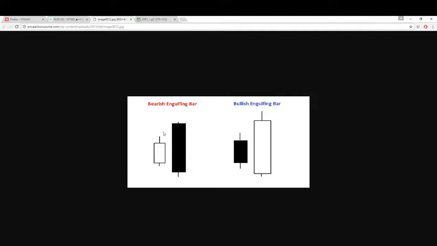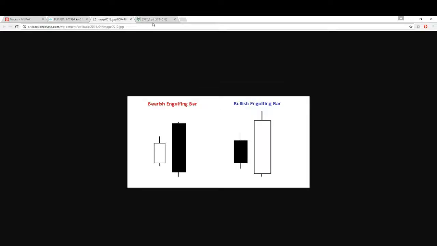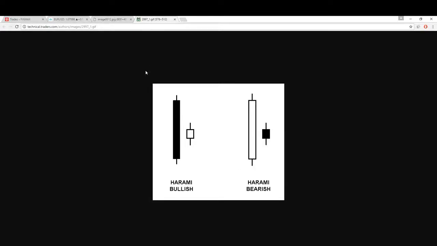Let's not waste time and switch to another pattern that I wanted to talk about today, which is the harami. Harami can be called the opposite of the engulfing, because in engulfing we see an absolutely opposite situation.